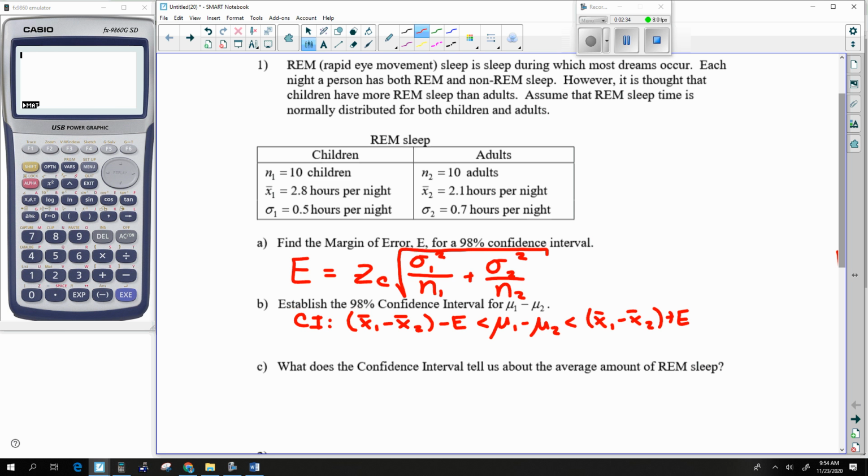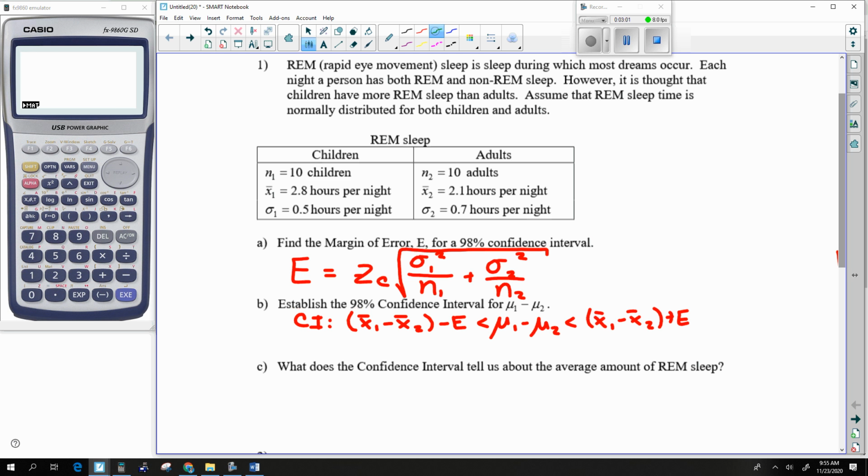And so we did various studies. We had 10 children, and on average, they had 2.8 hours of REM sleep with a standard deviation. And then we also sampled 10 adults, and they each had 2.1 hours per night with a different standard deviation.